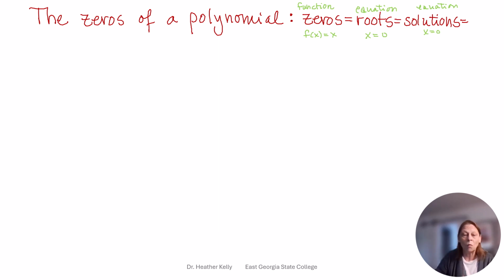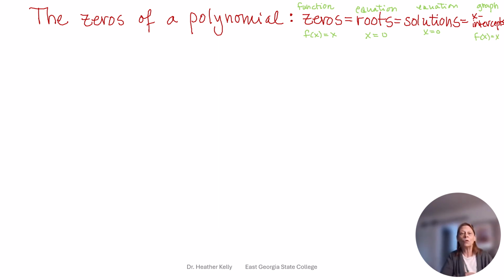But what do we do when it's a graph? It's called x-intercepts. If it's a graph. And that's usually written in this kind of form, right?